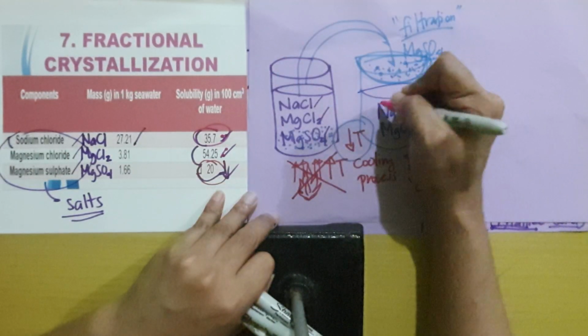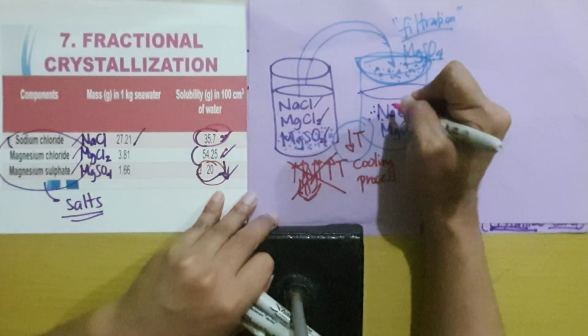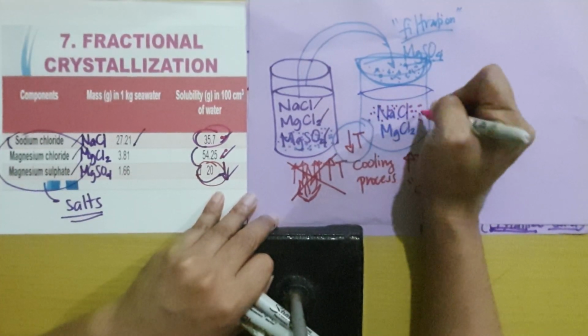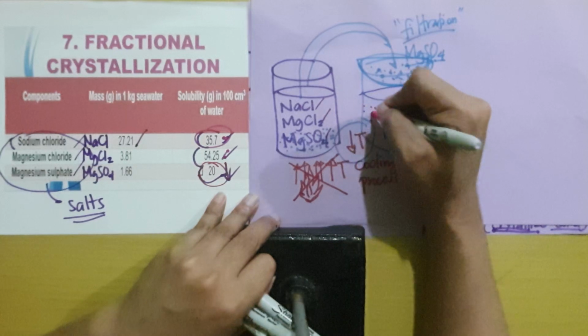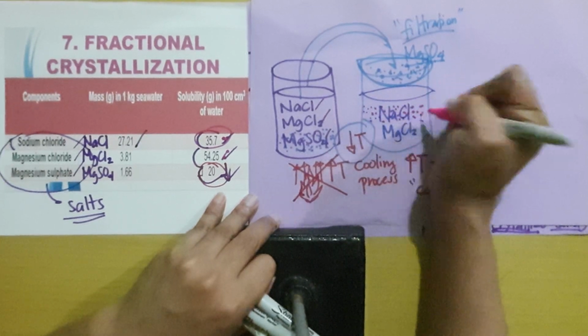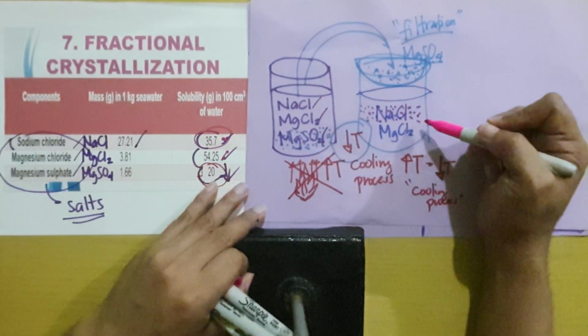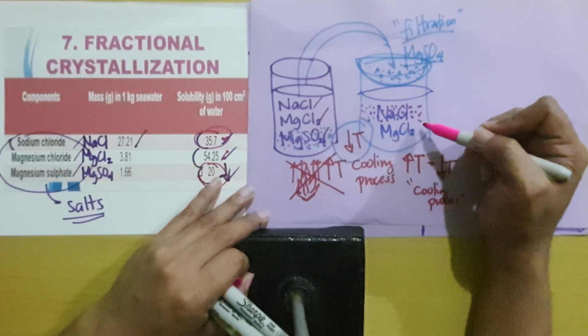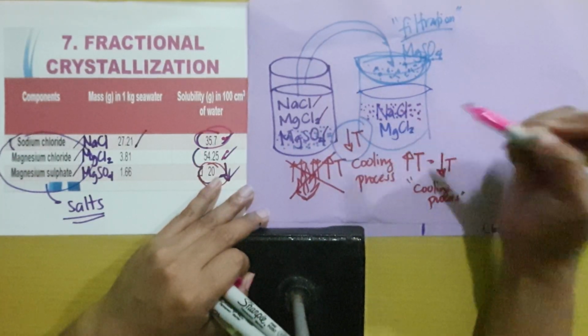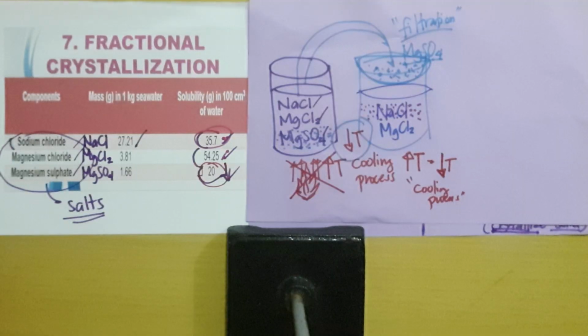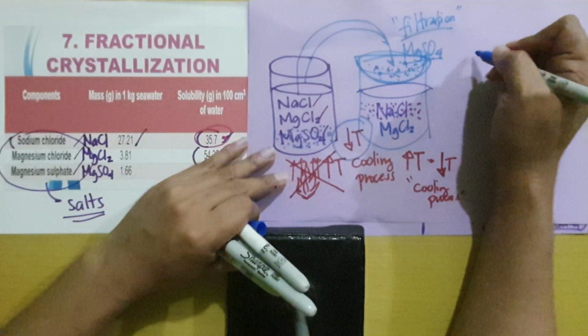So therefore, sodium chloride will crystallize. This will be the salt that will crystallize first once we subject it to a very low temperature.